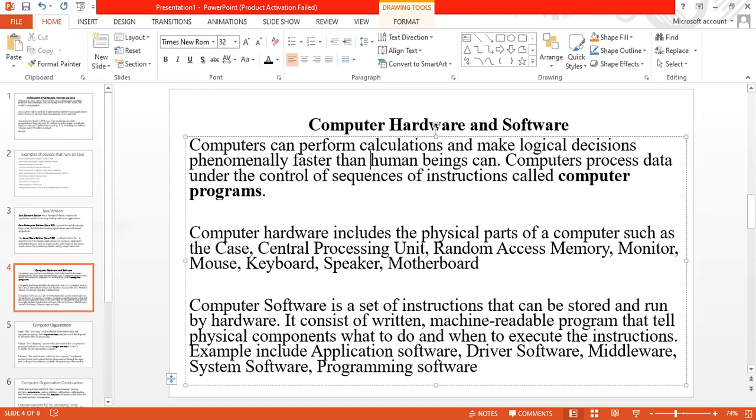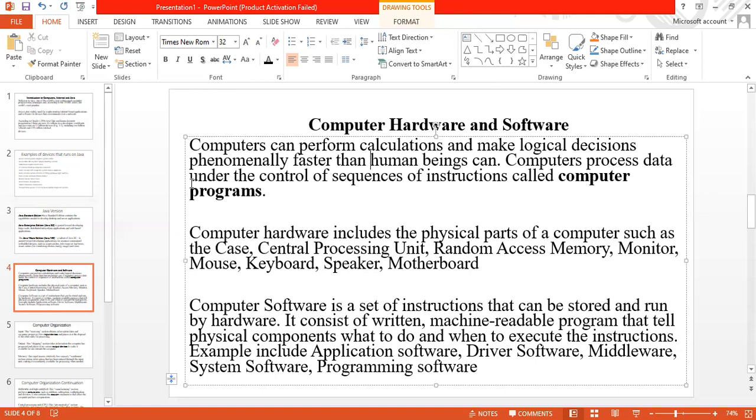Computer software is a set of instructions that can be stored and run by hardware. It consists of written, machine readable programs that tell physical components what to do.